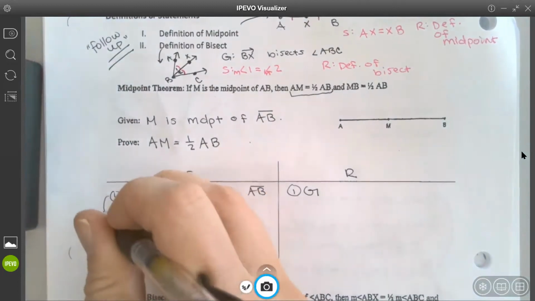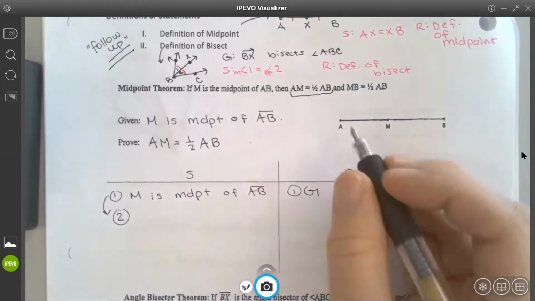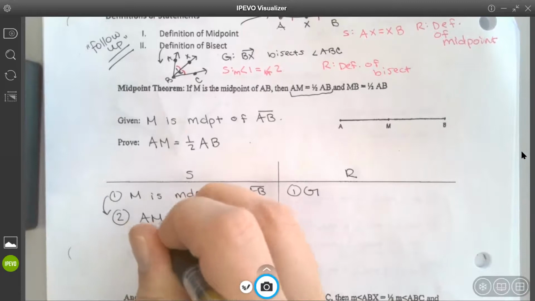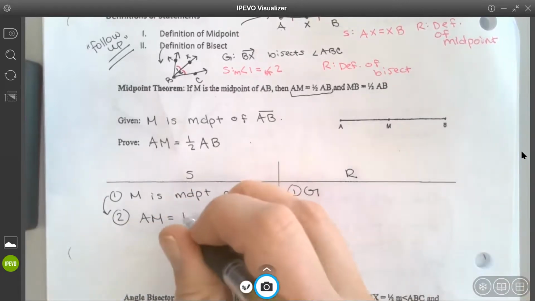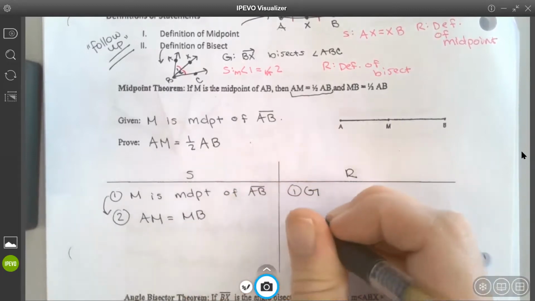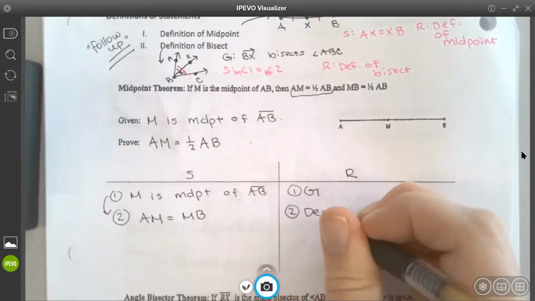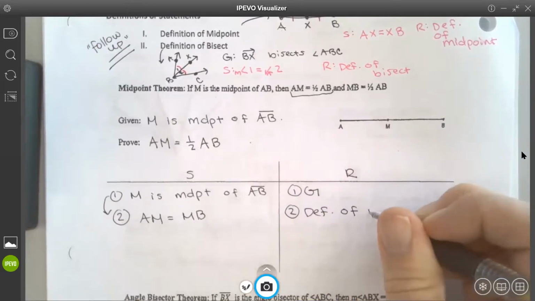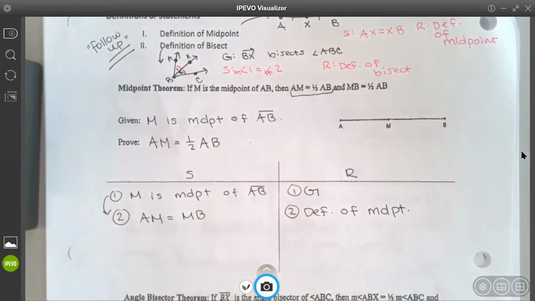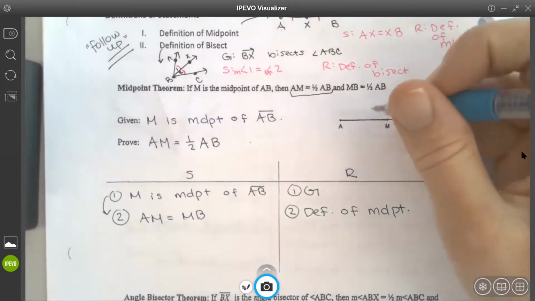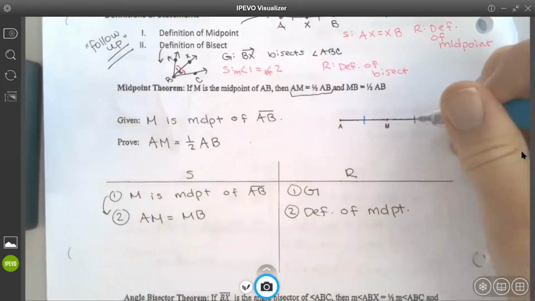So my follow-up to this statement is that AM equals MB, or you could call it BM, because that is the definition of midpoint. There's the follow-up statement. So given that it's the midpoint, that means that this half is the same length as this half.